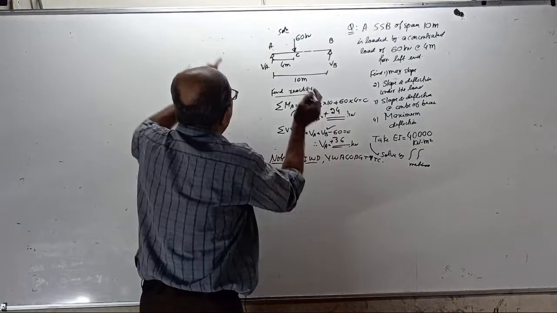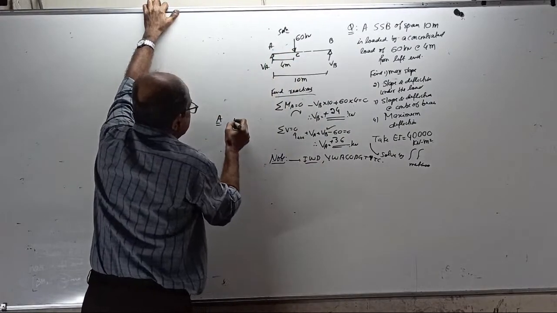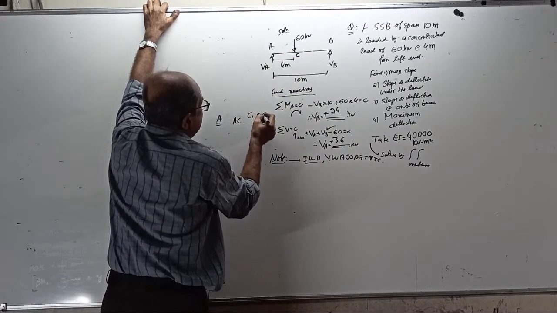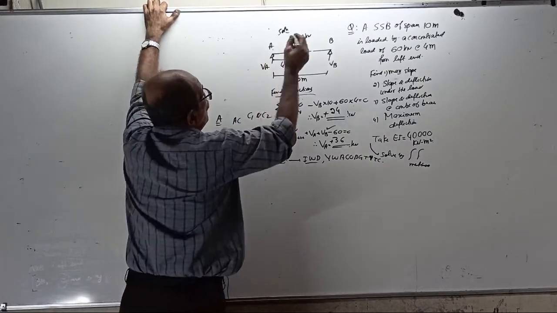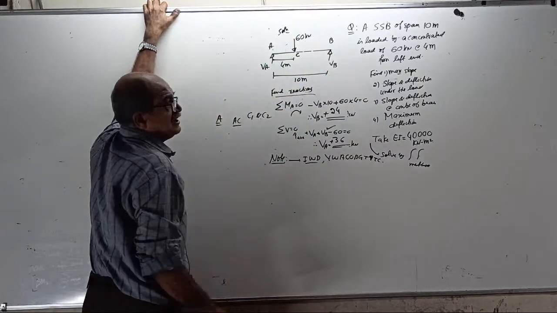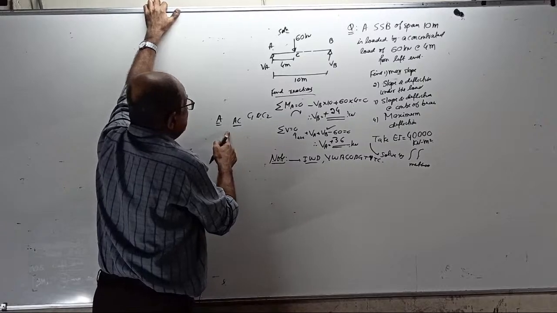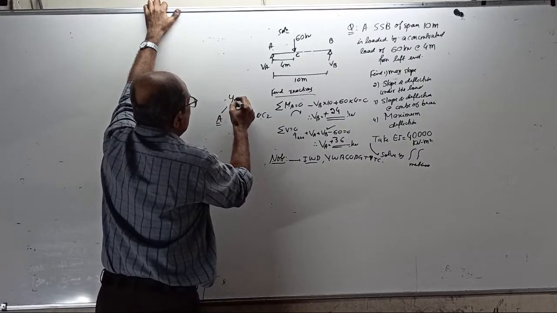Therefore, when I take A as origin and consider AC, C1 and C2 will come. For that AC equation, you cannot use it for this portion. But two unknowns are there and only one condition. Which one? Deflection at A equal to 0.